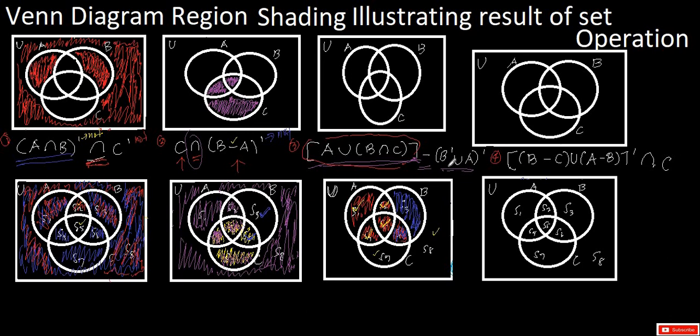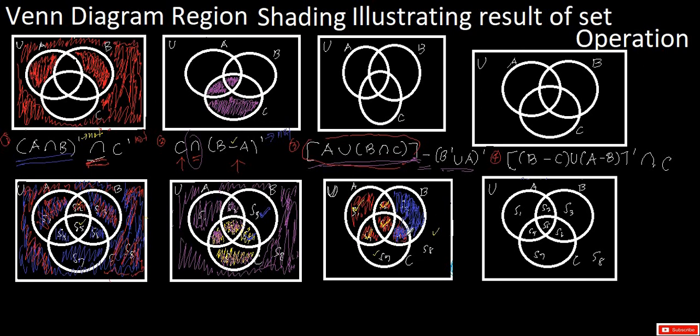we are going to take away these regions in blue, regions shaded in blue, from the regions shaded in red. So since we're going to take away this region, the region S sub 6, which are shaded in red, will be taken away.